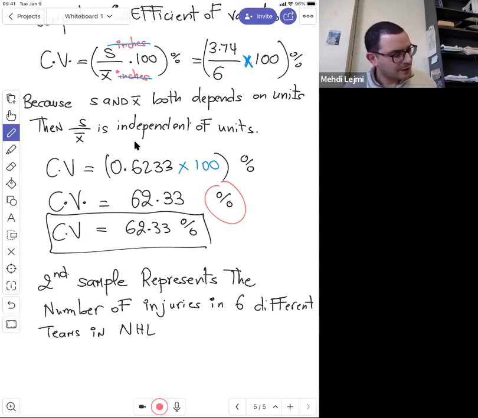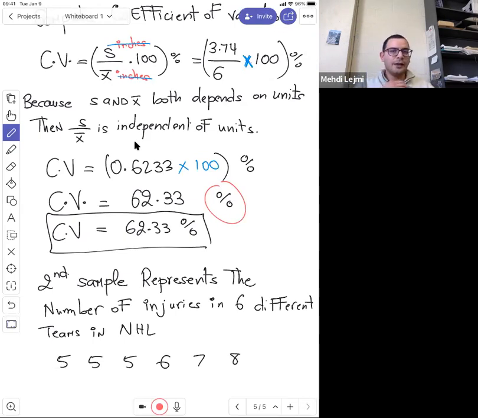So for example, we have six different teams. Let's say the first team has five injuries. Second team has five injuries. And again, let's say five, 6, 7, and 8. Okay.